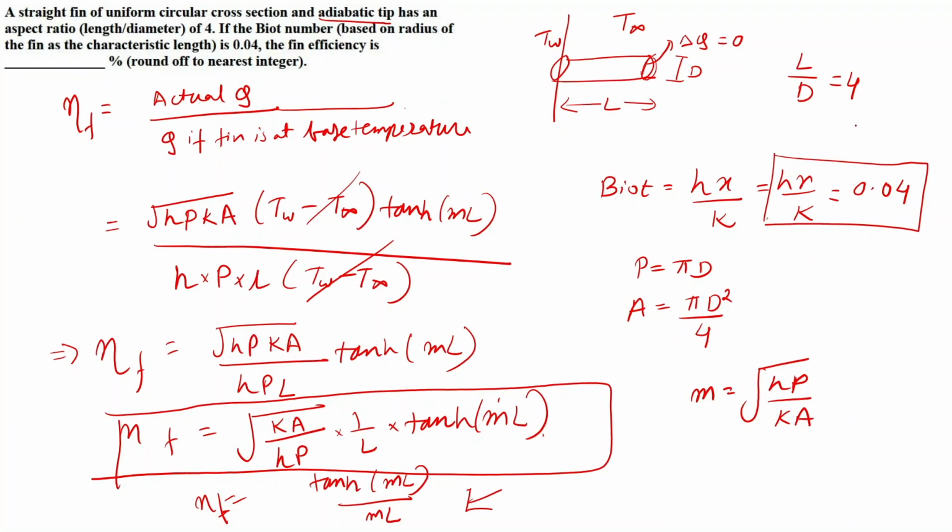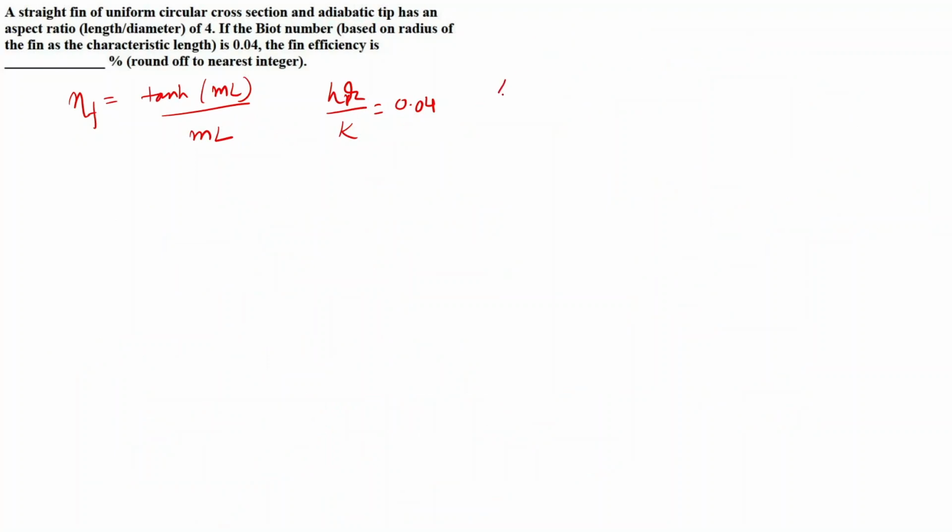The other thing we have is L by D is 4. To find this efficiency, let's first calculate this m. So m is given as under root of HP upon KA.